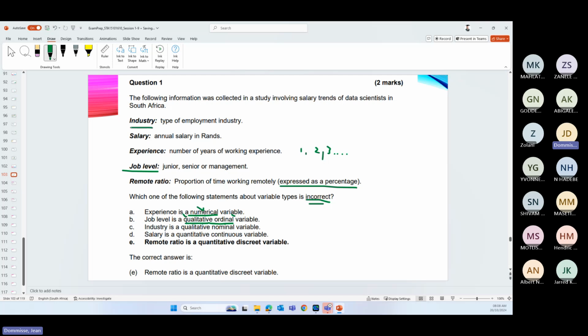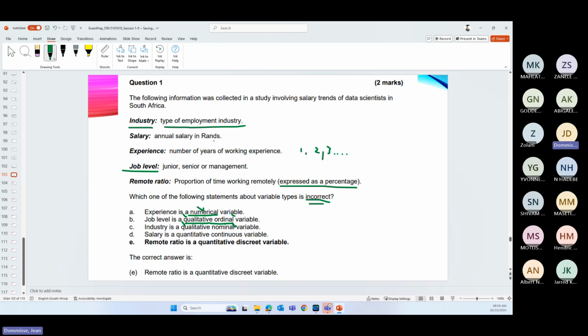Industry: type of employment, so it is qualitative, but whether you are in government, financial services, hospitality, or health, it doesn't matter. There's no order, so it is a nominal variable. Qualitative because it says something about it, and nominal because there is no order in it.